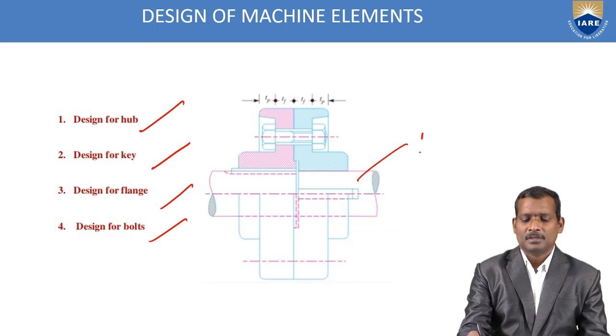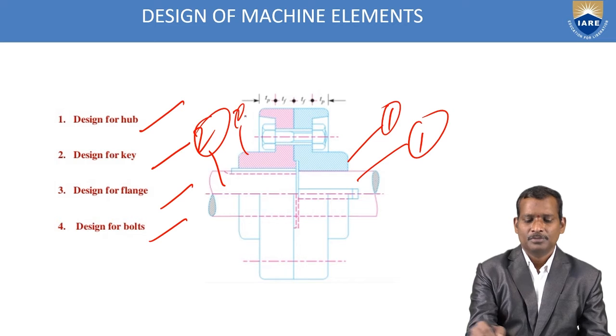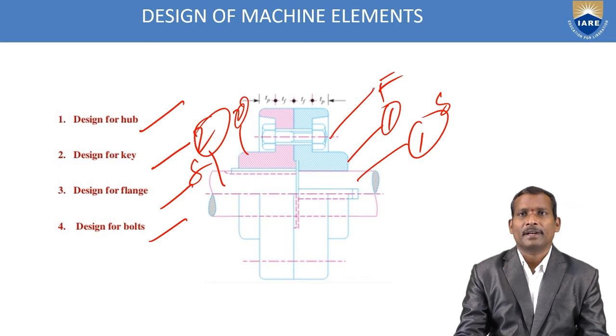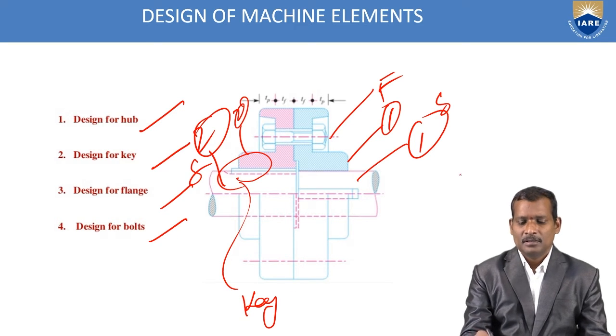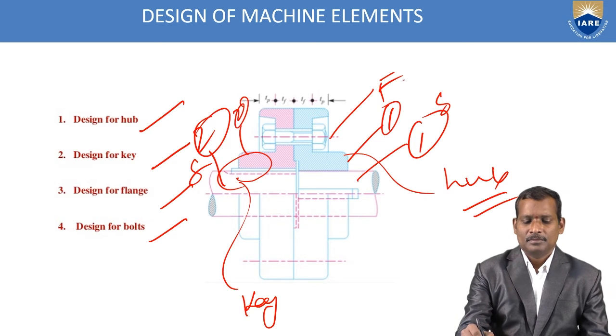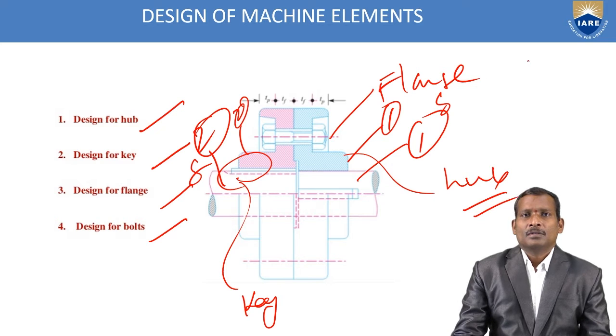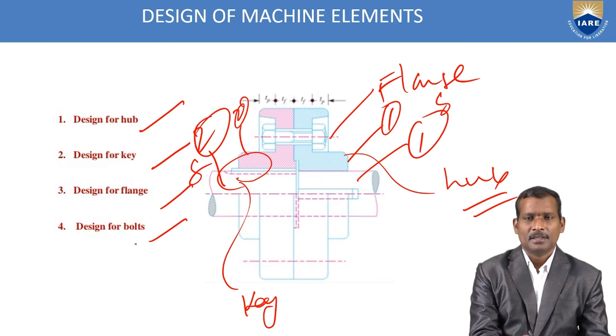Here in the diagram are shown shaft 1 and the other end, flange 1 and flange 2, bolt and nut, keyway, key, and hub. First you should calculate the hub dimensions, then the key dimensions, flange dimensions and bolts.